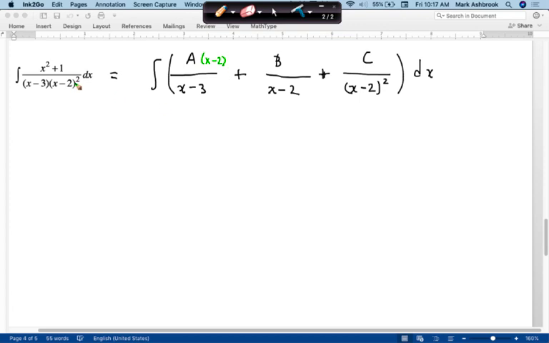There's only 2, right? And then what am I going to need to multiply this second fraction by to get the common denominator? So I've got a single x minus 2, and I've got to get the common denominator. So what do I need? I need an x minus 2, and I need an x minus 3 in this one.